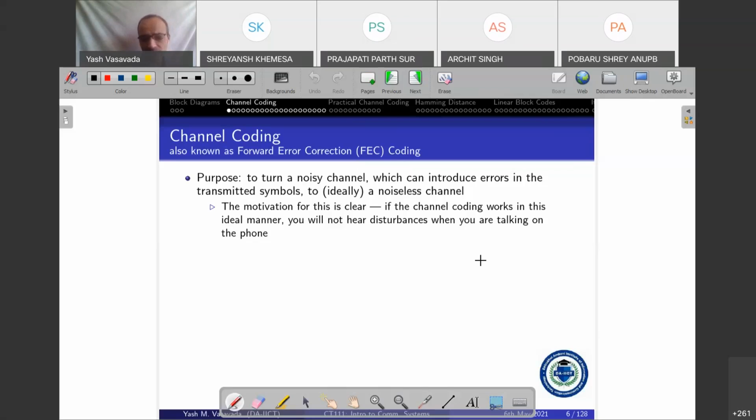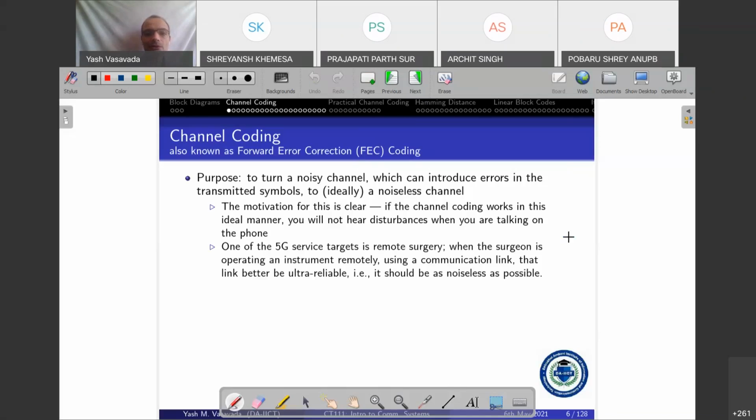A more specific example is that in the 5G and the future generation systems, as we have seen in the first lecture or initial lectures, there is a plan to allow remote surgery. Now think of this, that a surgeon is operating but remote. And remote operation again is possible only through a communication link.